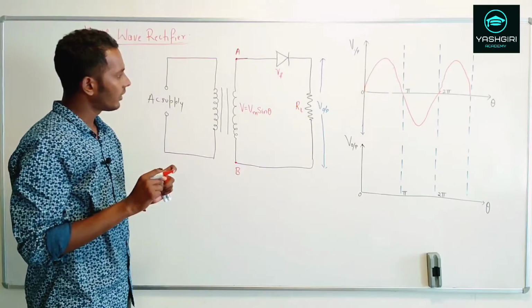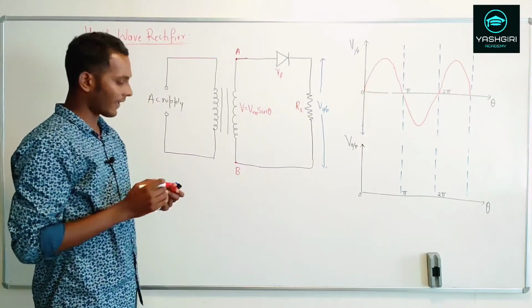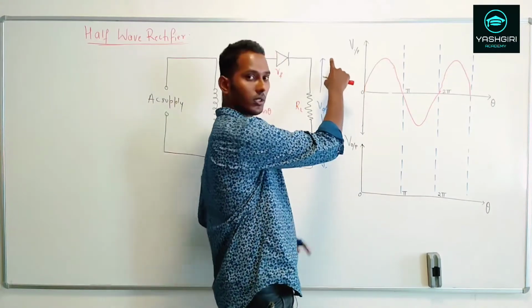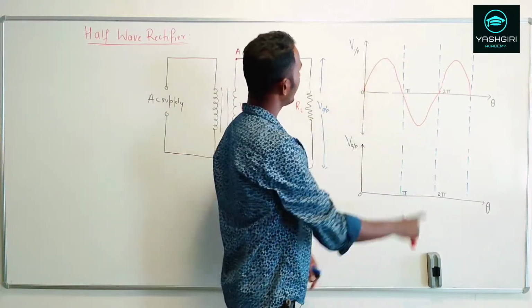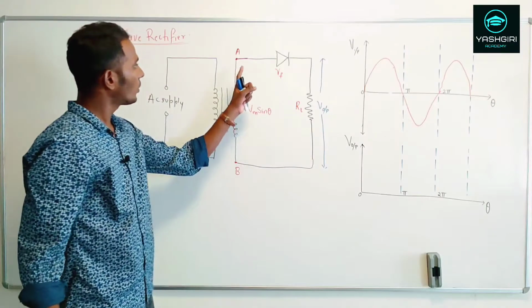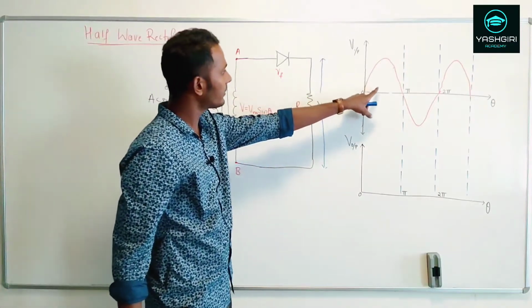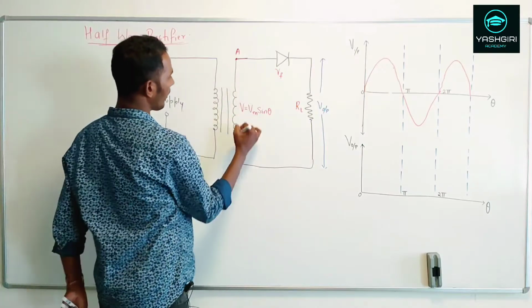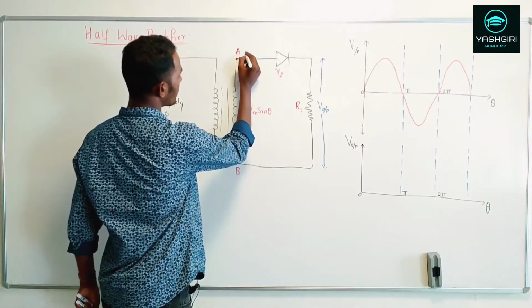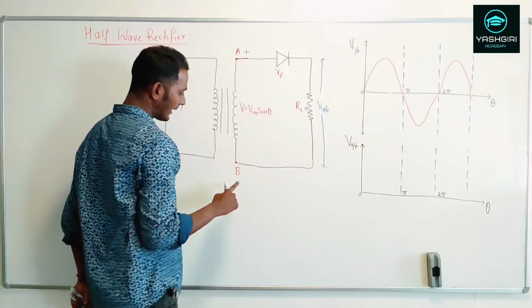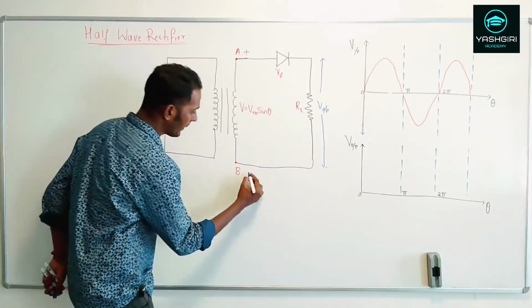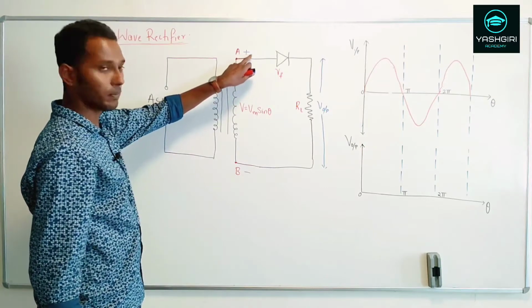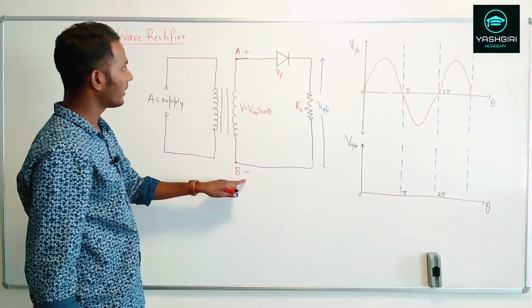Now let's plot a waveform for the output for the input we have given. For the first positive half cycle, the terminal A of the secondary winding is at positive polarity, and B will be negative. So terminal A has a positive polarity with respect to terminal B.